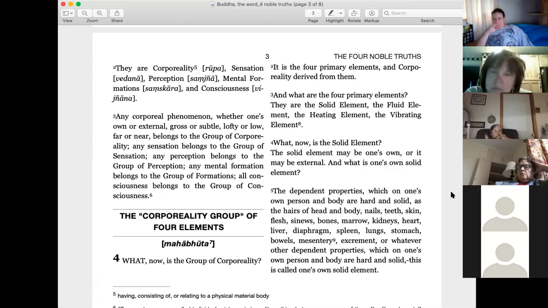The solid element is our hair, our body, our nails, our teeth, our skin, our flesh, our sinews, our bones, marrow, kidneys, heart, liver, diaphragm, spleen, lungs, stomach, bowels, mesentery, excrement, or whatever of those dependent properties that we consider our body, that are hard and solid. That is the solid element, or the earth element.